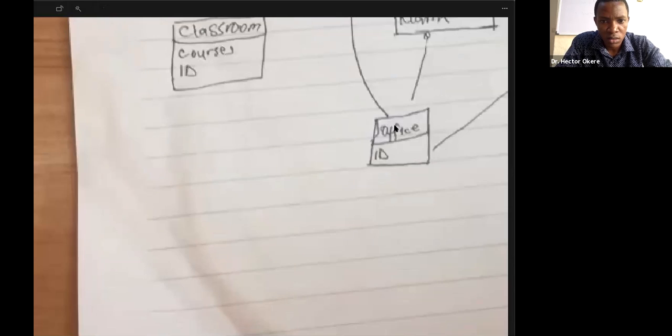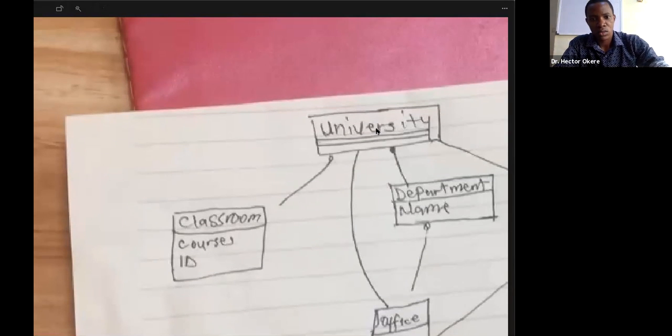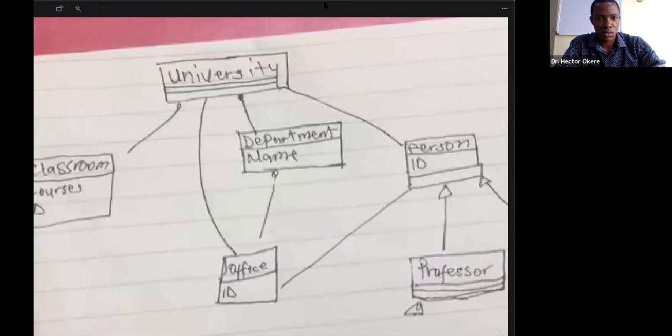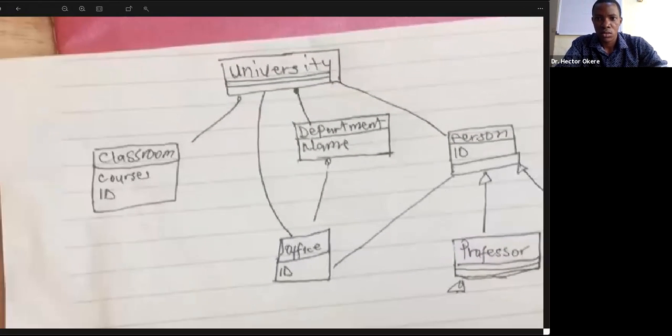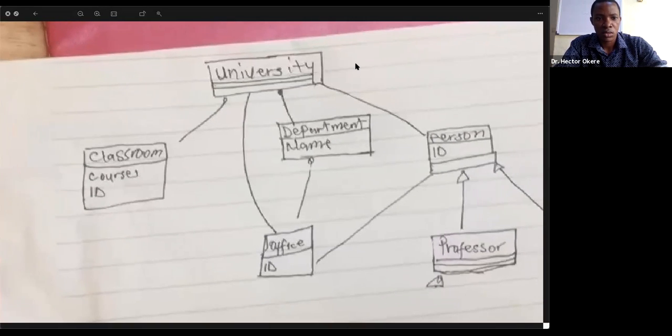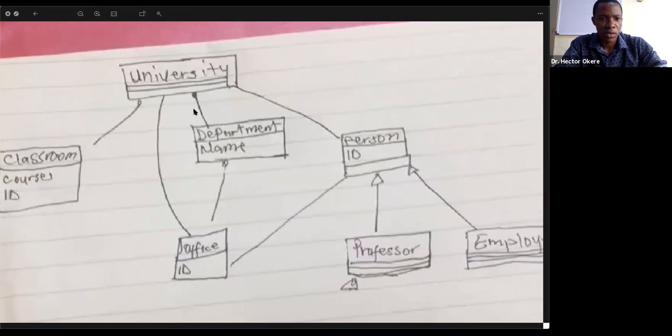Okay, a university has classroom, department, and office. This is good. A university has person. This is good. Person has professor and employee, and the person works in office.